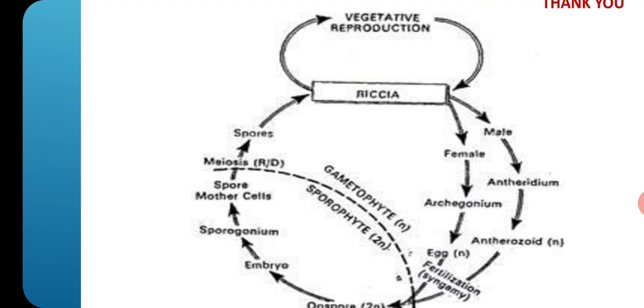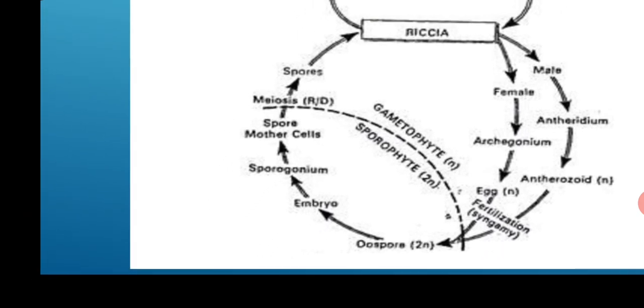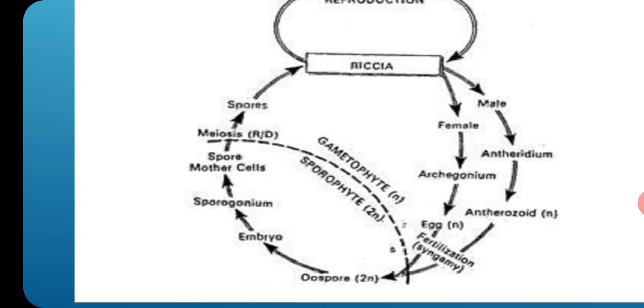Both the egg and antherozoid fuse to form the zygote by the process of fertilization. Then the zygote is diploid, meaning it has 2N chromosomes. Then the zygote divides to produce the embryo and sporogonium. Each sporogonium contains a number of spore mother cells.